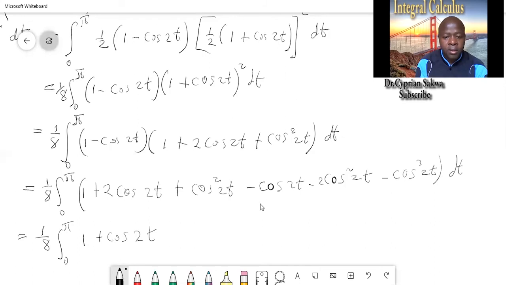So I'm done with this and that. And then I have this cos square 2t and this 2 cos square 2t will give me negative cos square 2t. So I'm also done with this and that. And then I have negative cos cubed 2t dt.